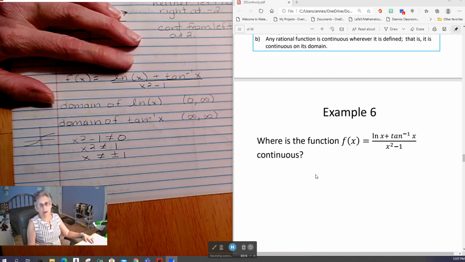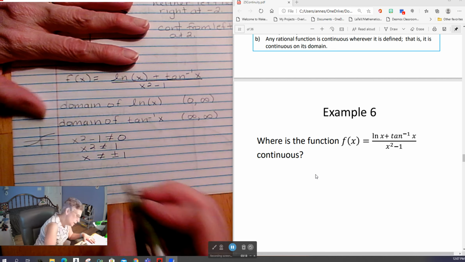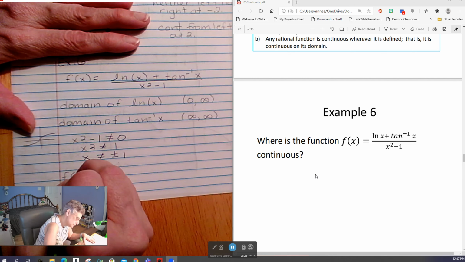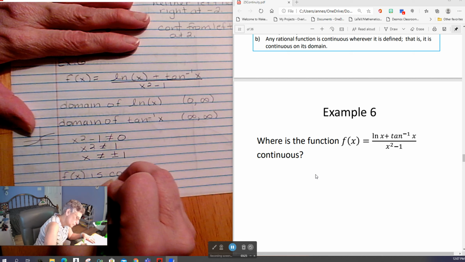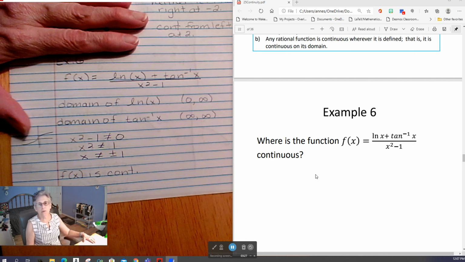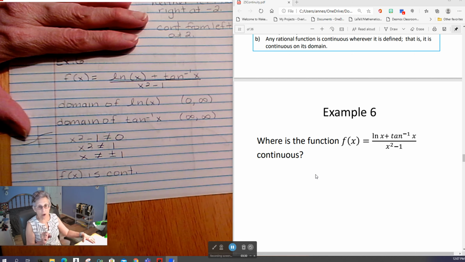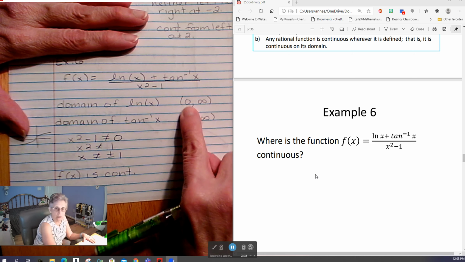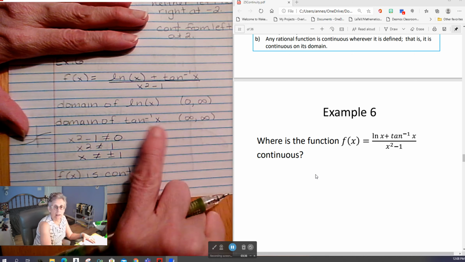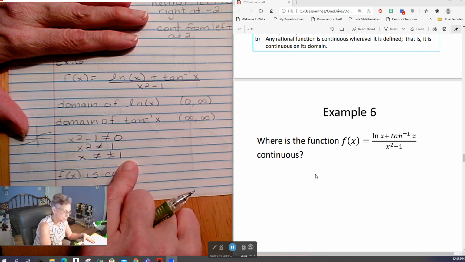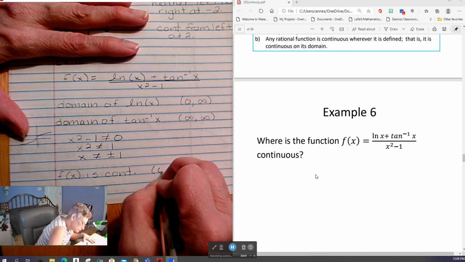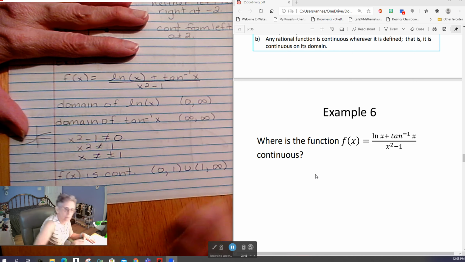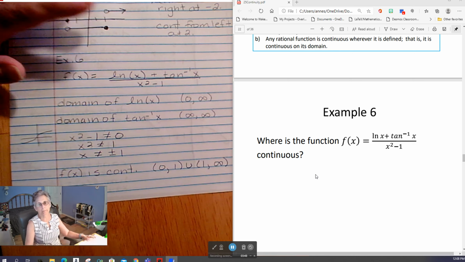So x is not allowed to be plus or minus 1. So this entire function f of x is continuous on the intersections of all these domains. So it has to be between 0 and infinity, and it can't be equal to plus or minus 1. At 0 to 1 and 1 to infinity.